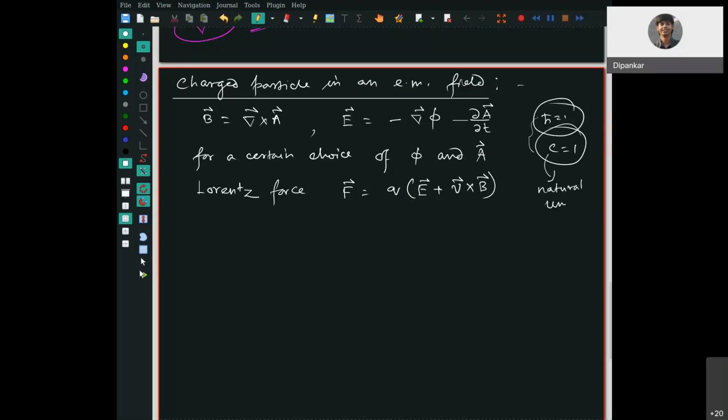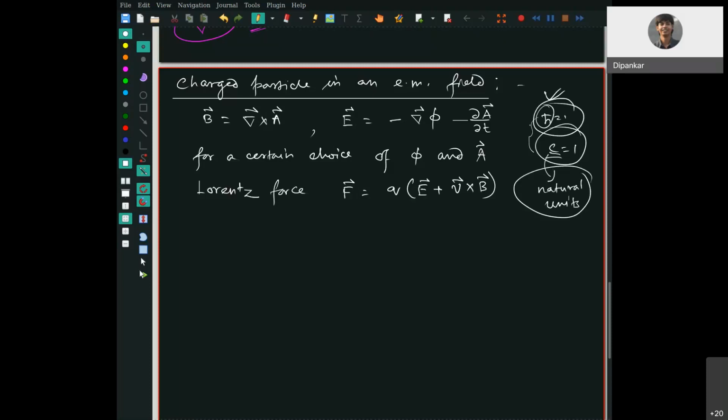Natural units. What that means is you are measuring all your velocity in units of c, so your velocity becomes dimensionless. If you say your velocity is 0.5, that means the particle is moving at half the velocity of light, and you are measuring all your angular momentum in units of h cross.